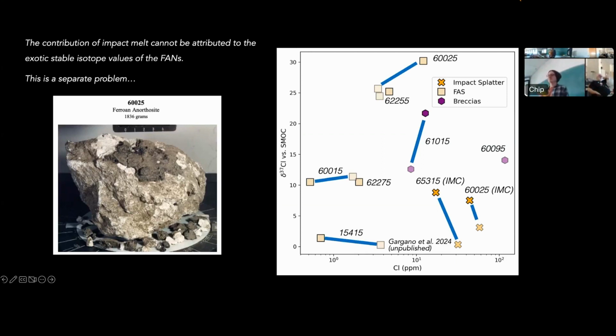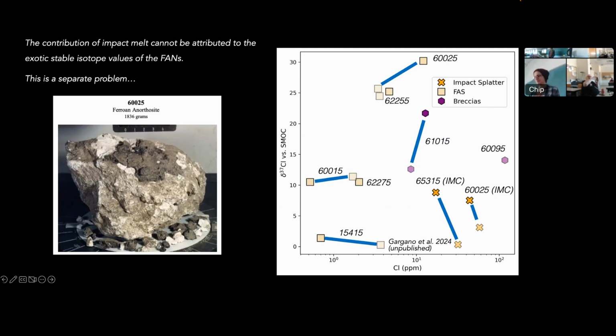But could you tell me, in your model for the incorporation of chlorine and the preservation of chlorine in the fans, one, what is the source of the chlorine that's incorporated in the fans, and what is it incorporated in?